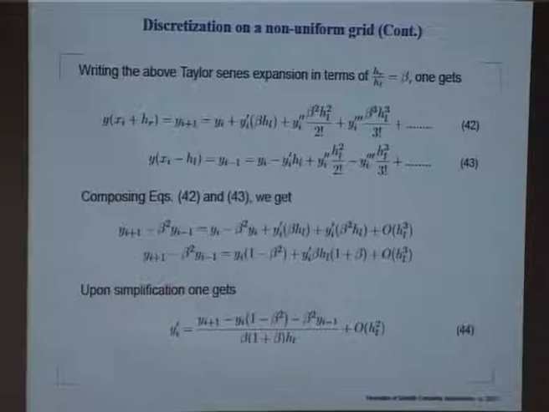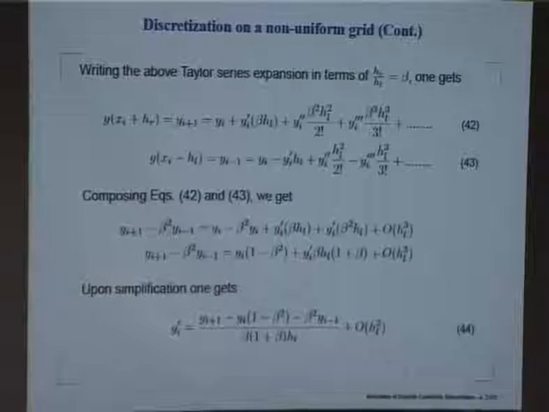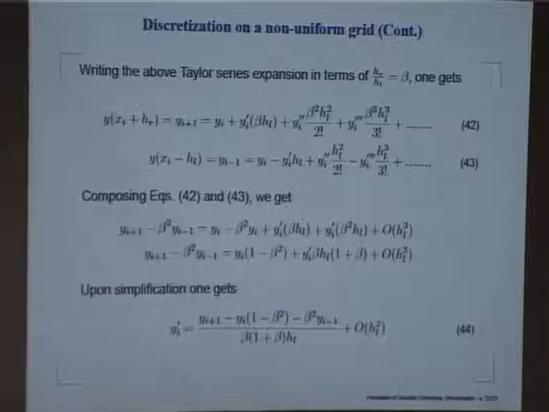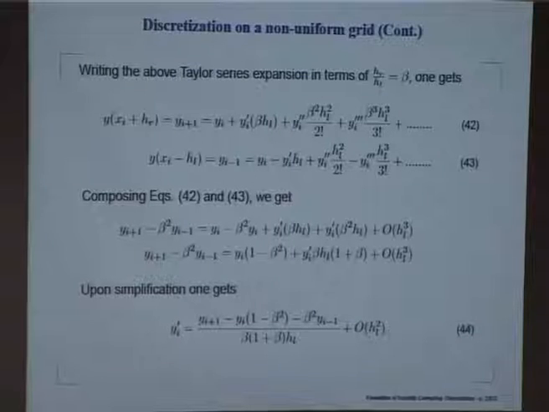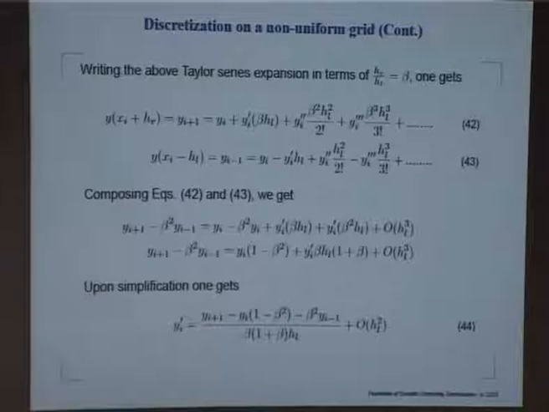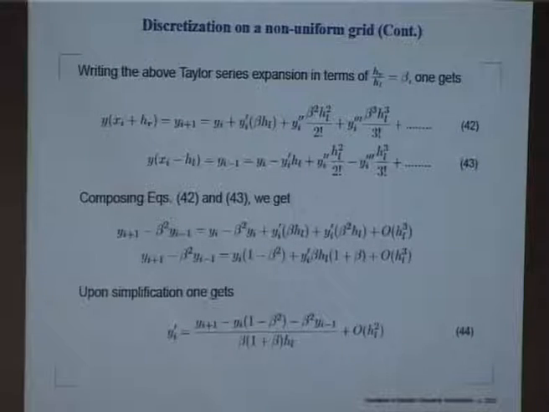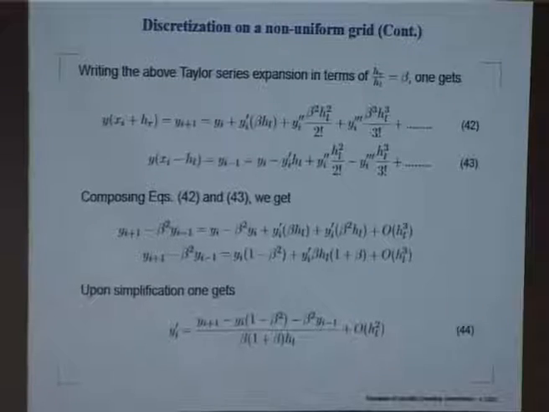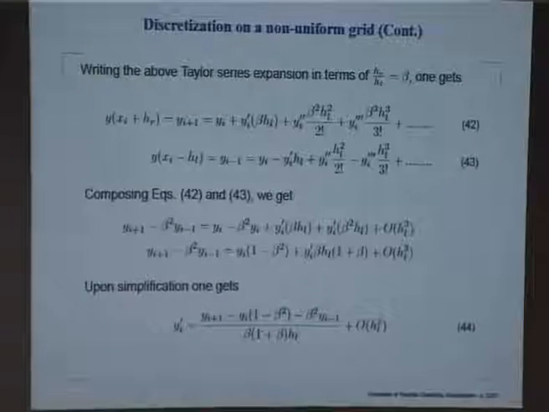So, if I look at these two expressions and perform this combination, this left hand side is nothing but y_{i-1}. If I multiply by beta square and subtract, then of course you can see the second derivative term will go away, and I will have the function itself minus beta square into y_i, then the first derivative will remain, right.